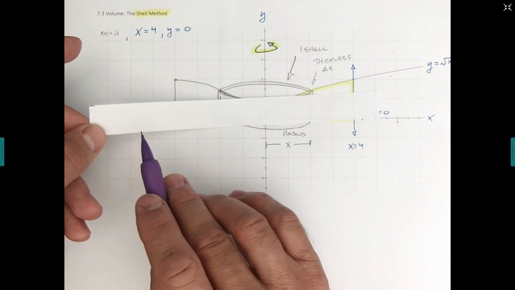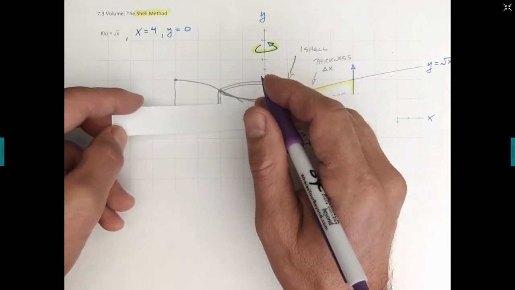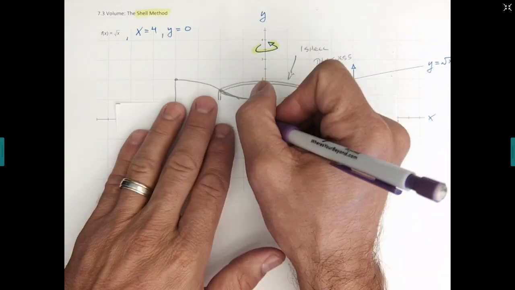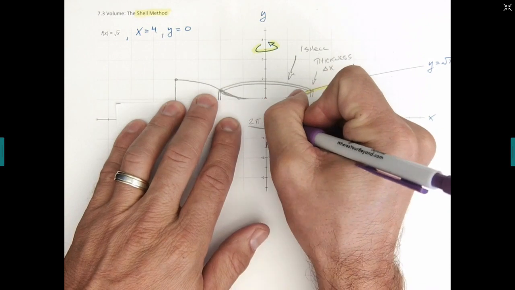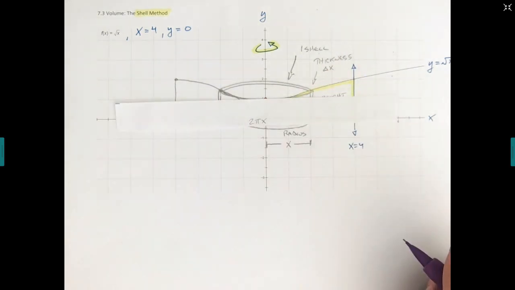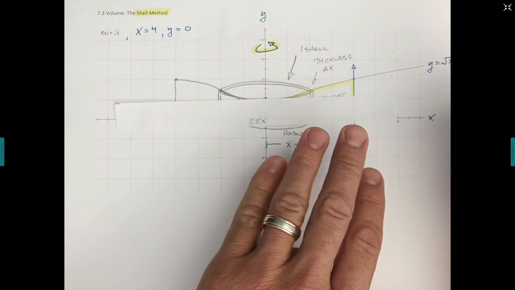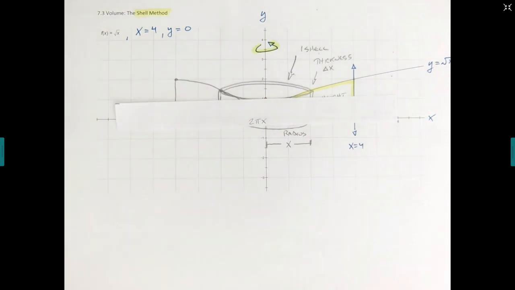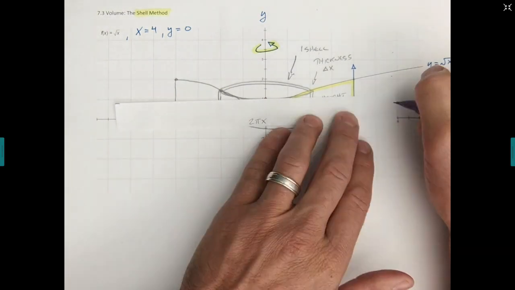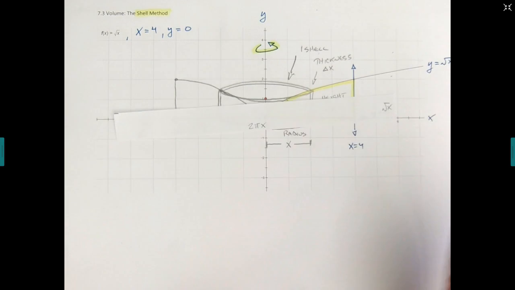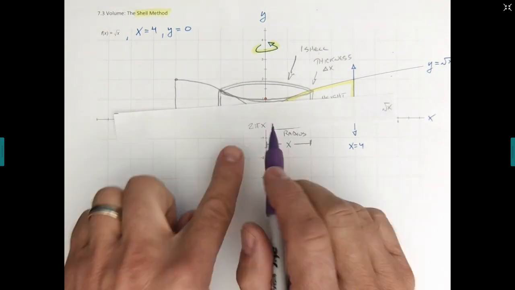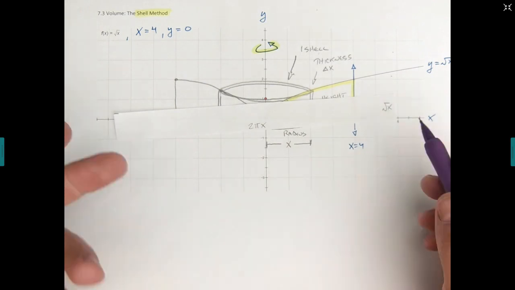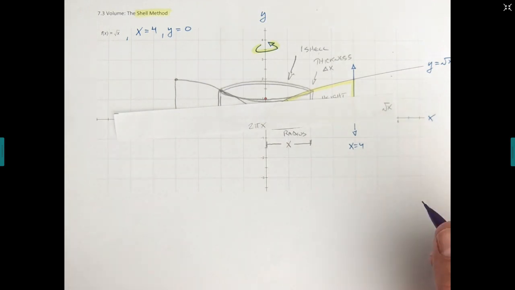The radius is x, so the circumference would be 2 pi times x. That's our circumference. The height then is going to be the square root of x.